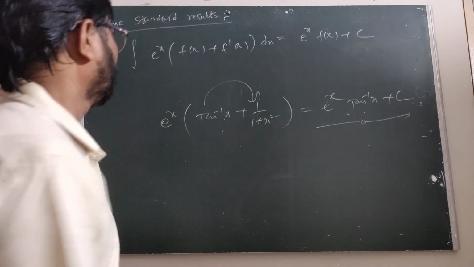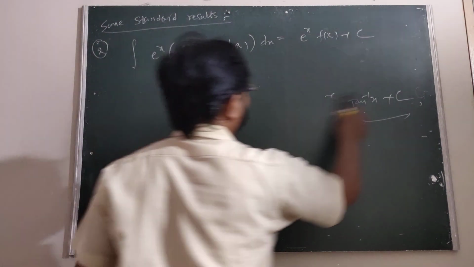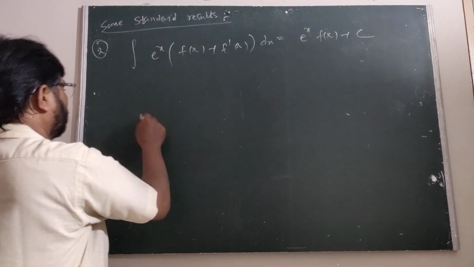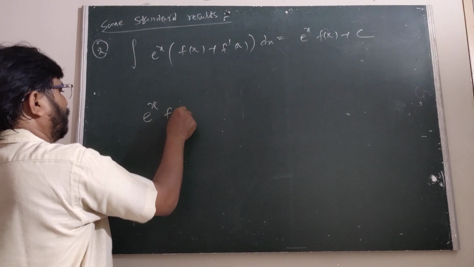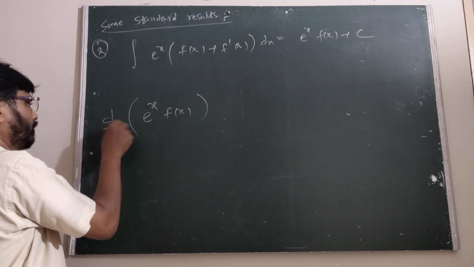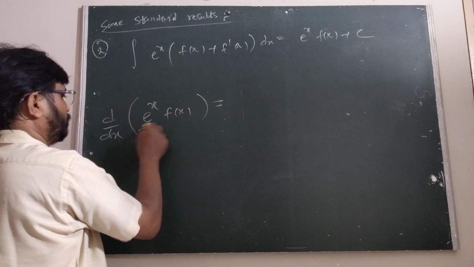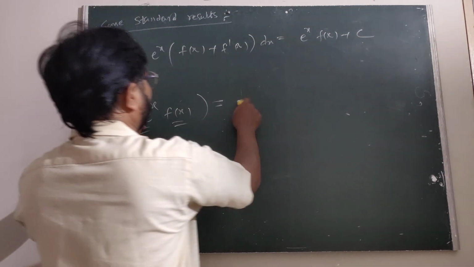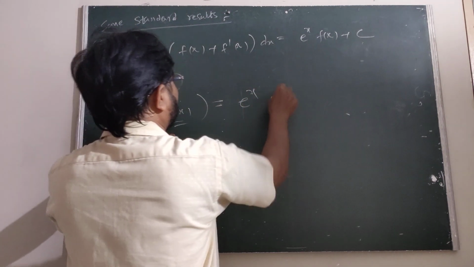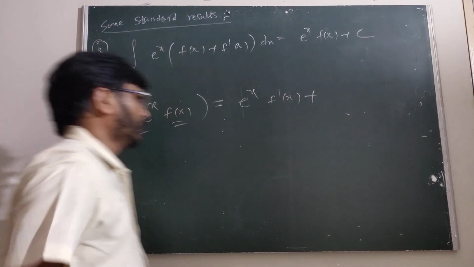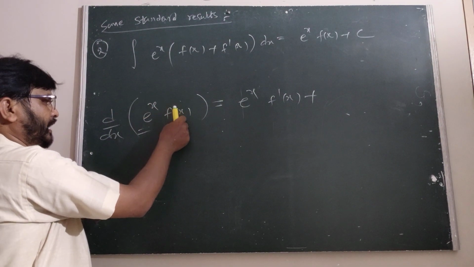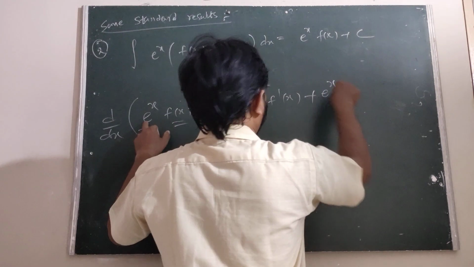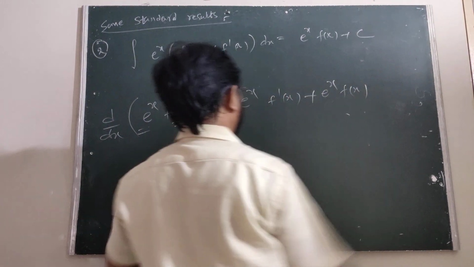Now how to solve this one? Its proof: e power x f of x. This is u, this is v. U into the derivative of v, e power x into f dash of x, plus v into the derivative of u, which is e power x into f of x.